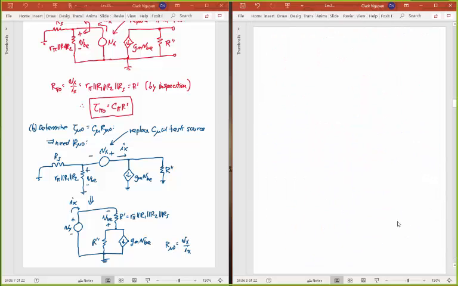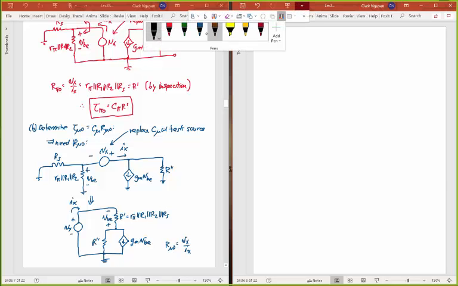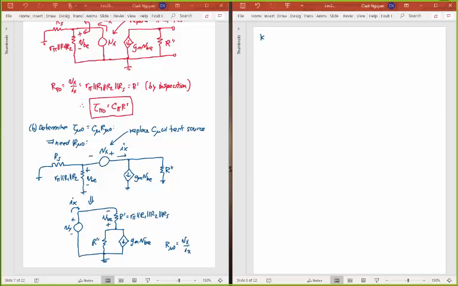So I can apply a KVL around this loop here. Just sort of say that this voltage equals whatever voltage is generated by the currents going through there. So let's go ahead and do KVL, Kirchhoff's voltage law. So using Kirchhoff's voltage law, I could see that Vx is going to be equal to the current times that R prime, right, plus this R double prime times all the effective current going through the R double prime.